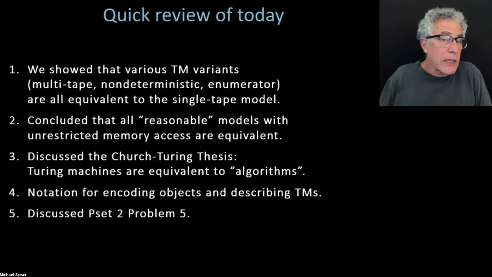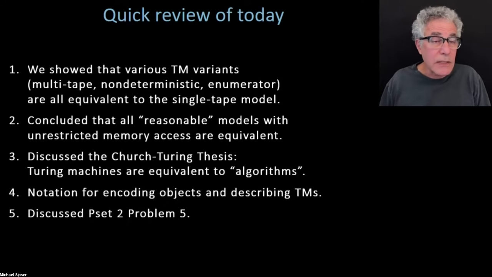There are lots of models out there, so we could spend a lot of time proving equivalences, and there are books that do, but I think what we've given is probably enough. So that's a good question.